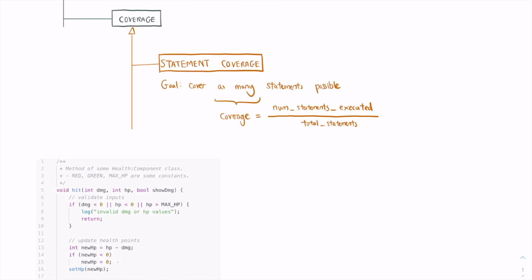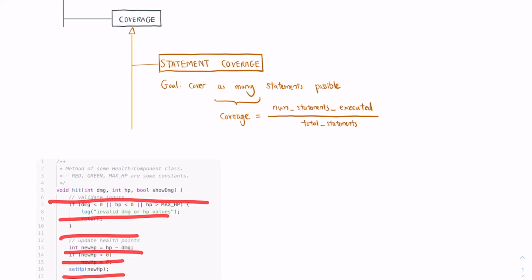Let us start with the simplest form of coverage, which is known as statement coverage, which, as the name implies, has the goal of covering as many statements as possible in your code.